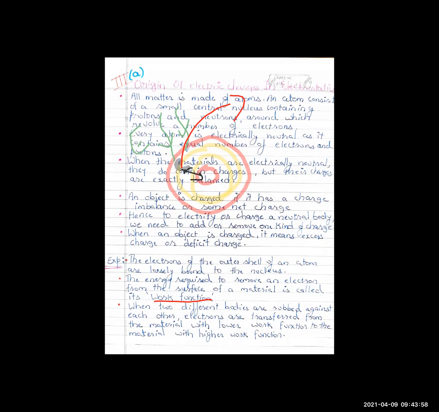Now if you rub two objects, children, for example if you take a scale and rub it on your hair, after that you will see that the scale is able to attract tiny bits of paper. So how is that possible?